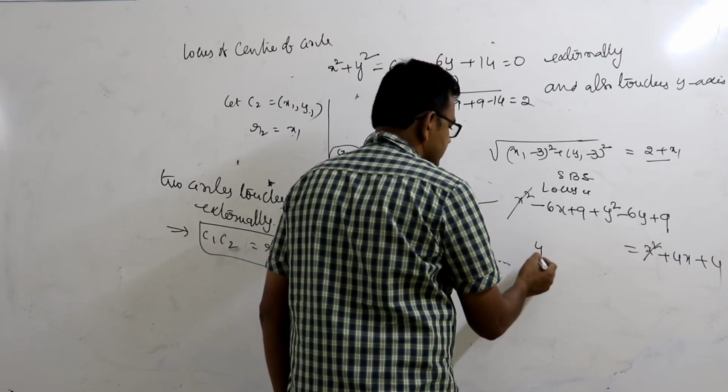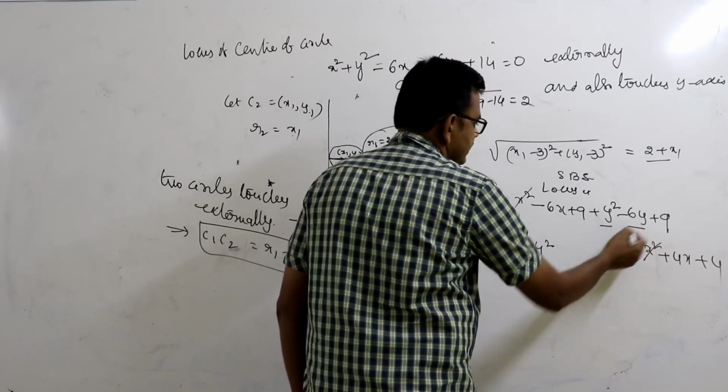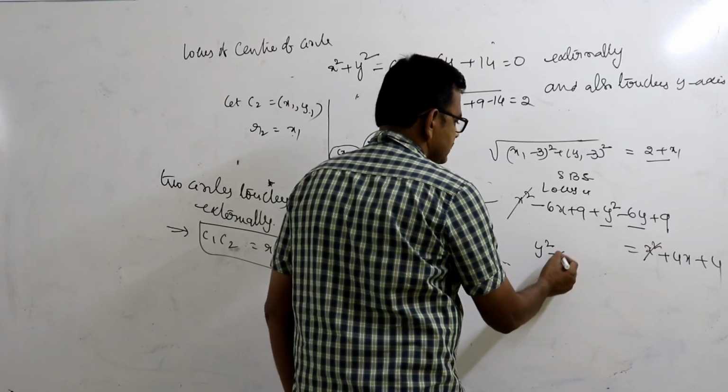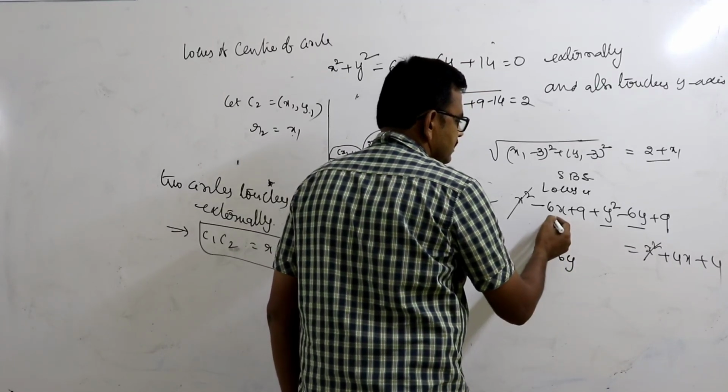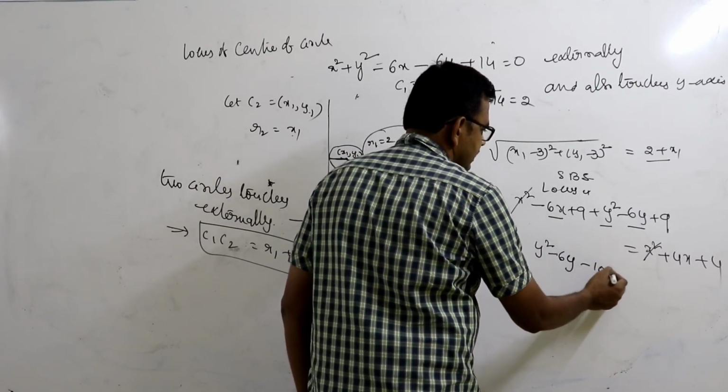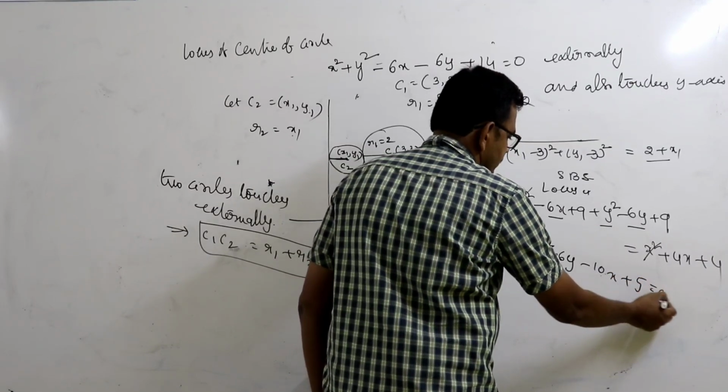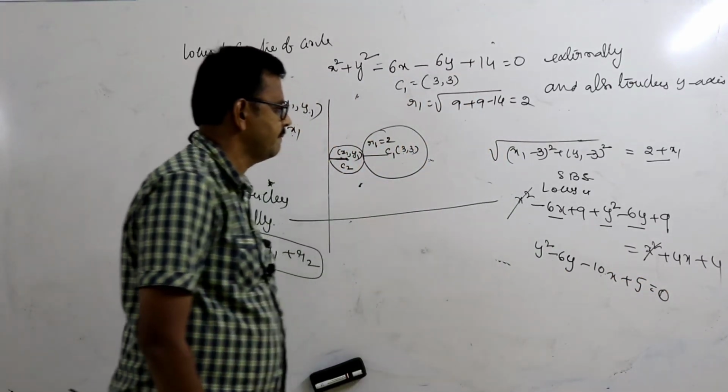Therefore it is y square minus 6y minus 10x plus 5 equal to 0. That is the locus.